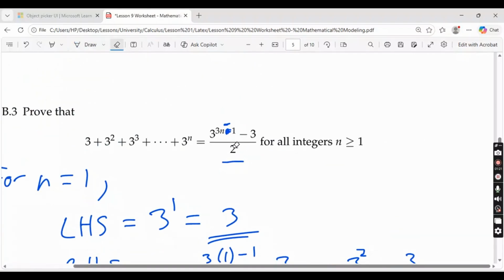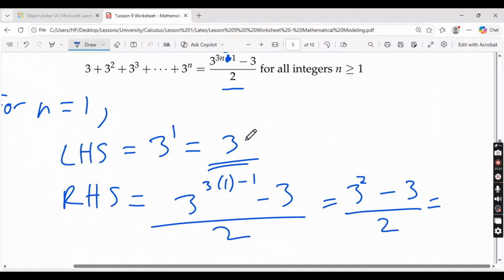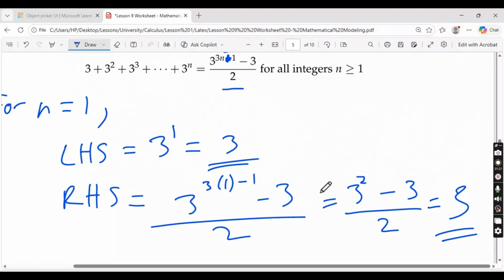So the problem was there's a positive where there's supposed to be a negative. So we get 3. Okay, any question? No. Okay, cool.